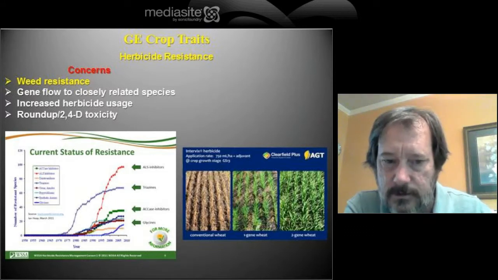There's both corn and rice available in these systems, and these plants are resistant to the imidazolinones. That's a class of herbicides. We don't hear about that in the press. Nobody seems too concerned, although that chemistry is probably more likely to have problems with weed resistance than the glycines, from what we've seen in the past.